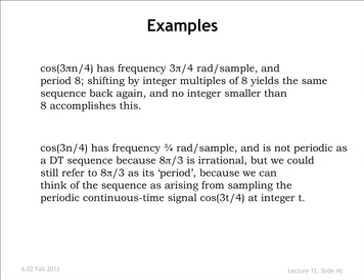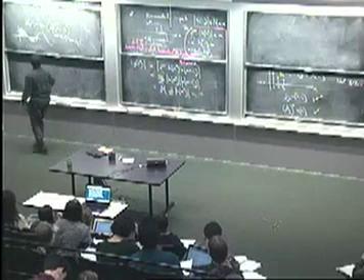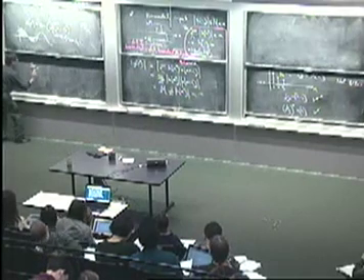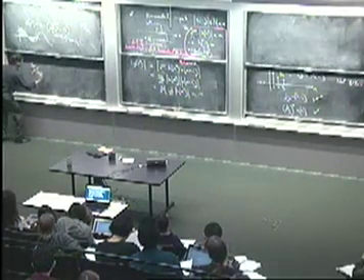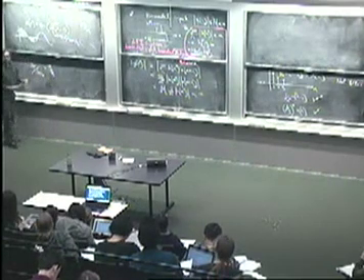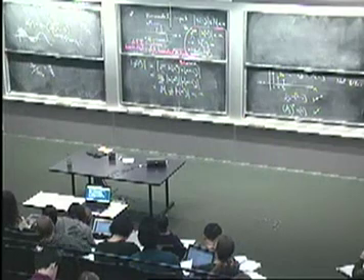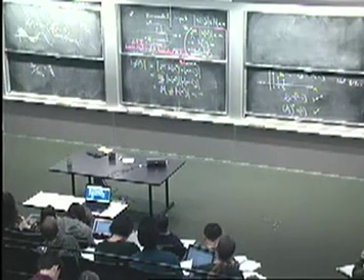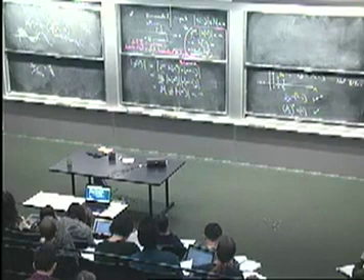So now I need to look at 2 pi over omega. And so that's equal to 8 over 3. The numerator of that is what the period is. So if you were to actually sketch this out, you would find that every 8 samples it repeats.